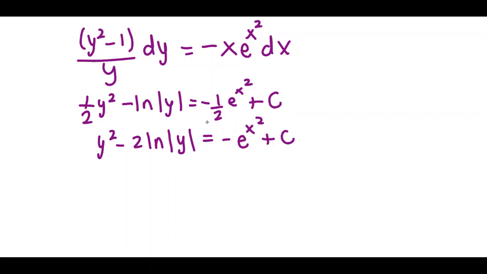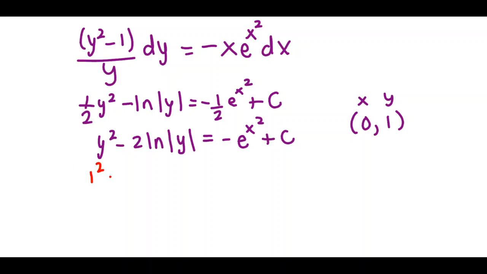Now what do we want to do? We want to use our initial condition. Our initial condition, remember back at the top, was the point (0, 1). 0 is my x, 1 is my y. So I'm going to plug it in to find out what c is.